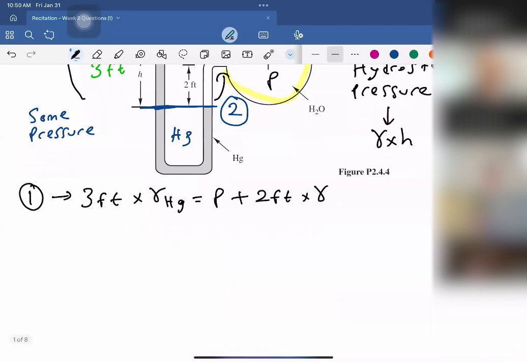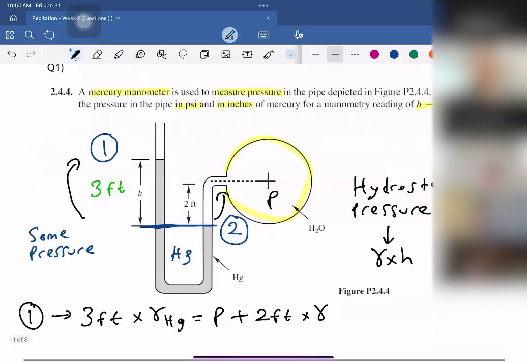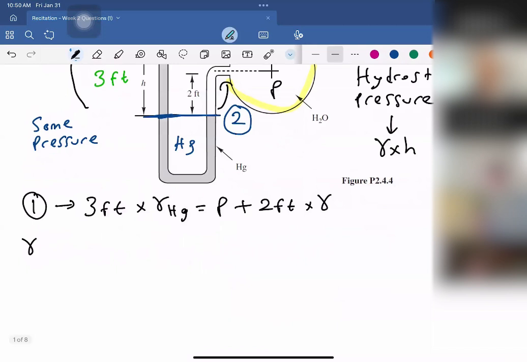So in the question, I think it's not given, but to find the specific weight of mercury, we need to do specific gravity times the specific weight of water, which is 13.6 times 62.3.